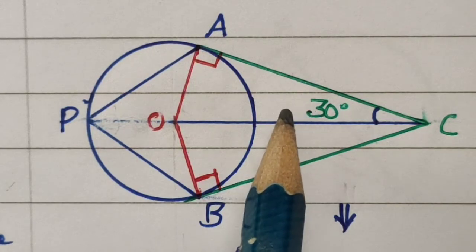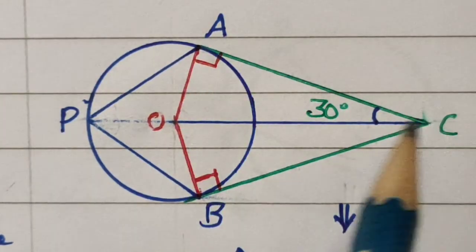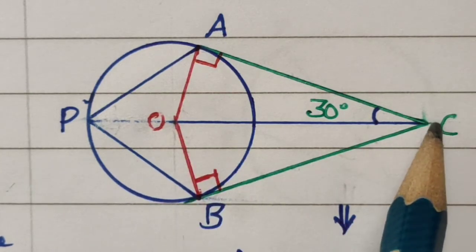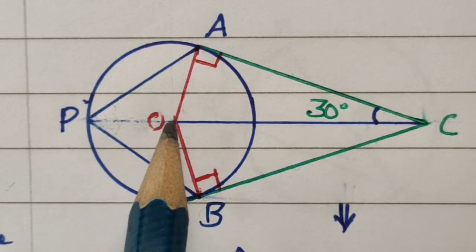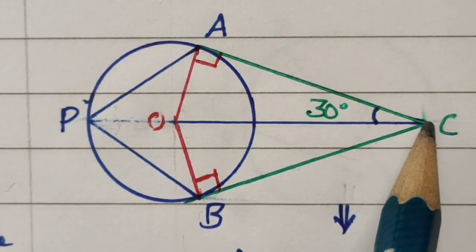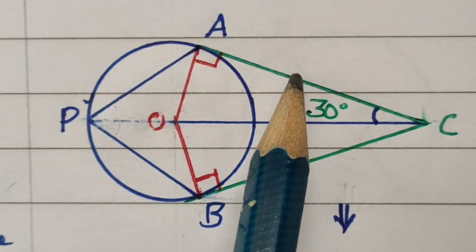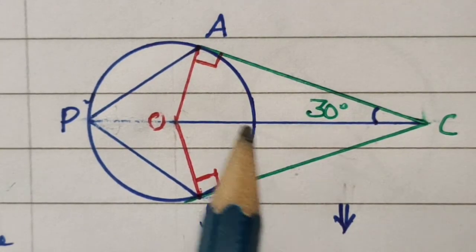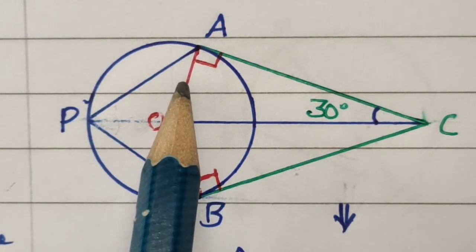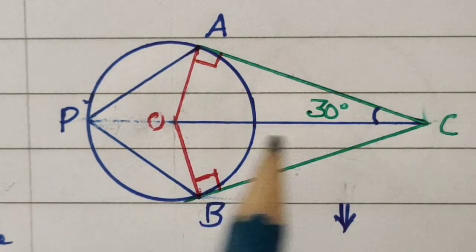In these two triangles, ACO and BCO, we know that tangents drawn from the same point to the circle are equal. This side is equal to this side because this is the radius, and this side is equal to this side because this is the common side OC.